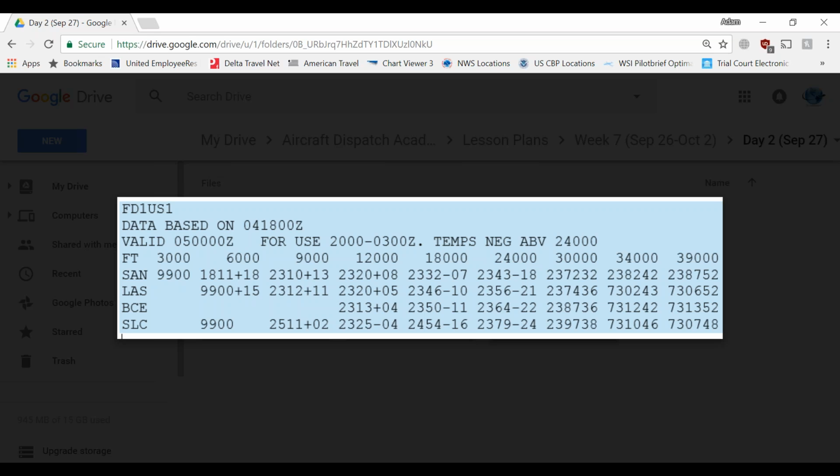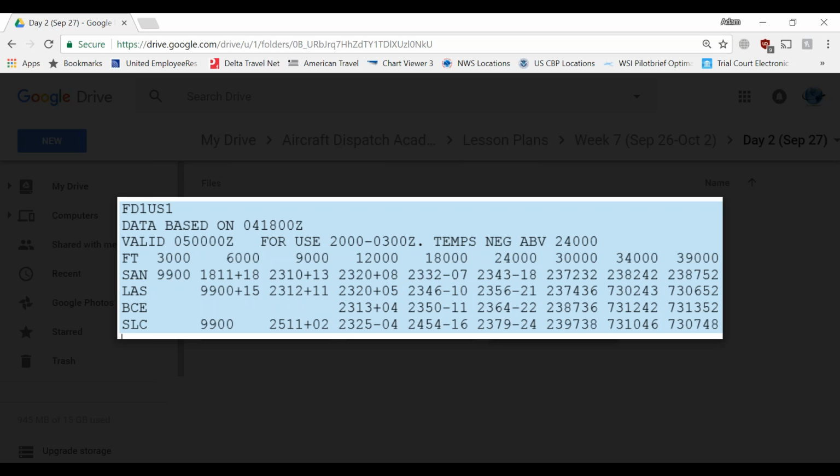So that's how you know it's below 100. When you minus 50, you just get 08, so it'd be 080 on the winds, then put a 1 in front of the next 2, and the temperature is the same.